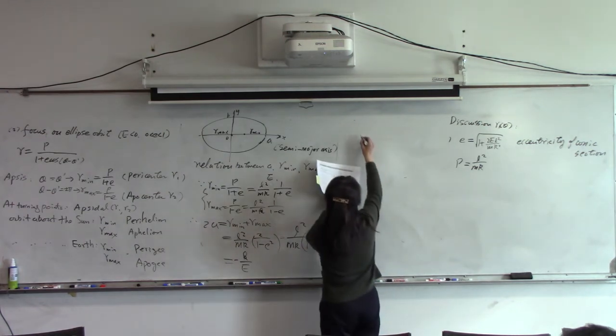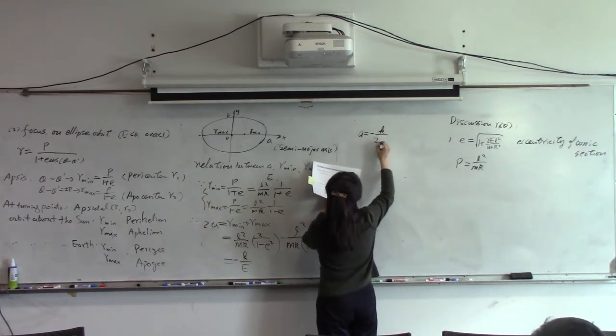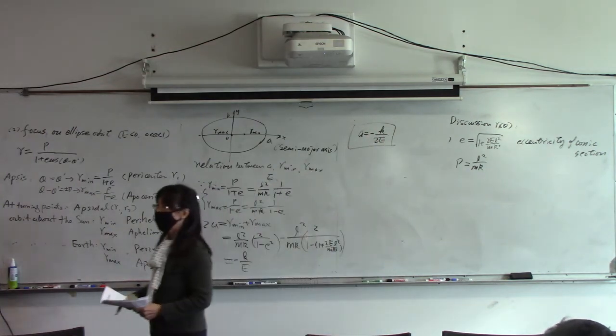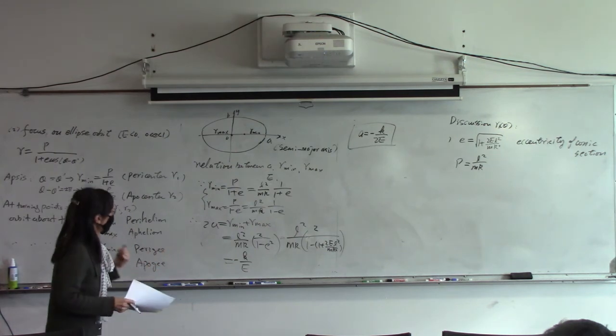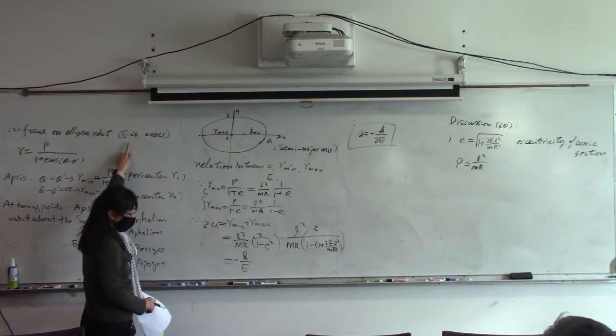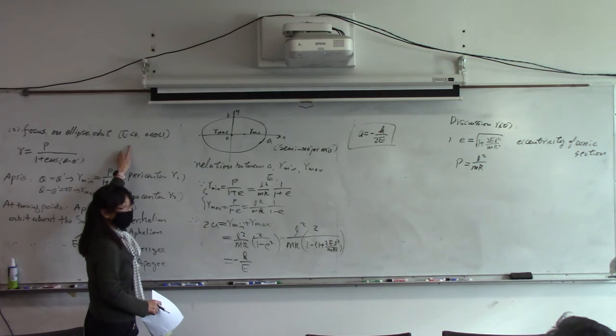So now let me summarize. Here we have the relation A is negative K over 2E. This relation is very important. It means A depends on energy. Even though the energy is negative, it can change from the minimum to any value below 0, right?